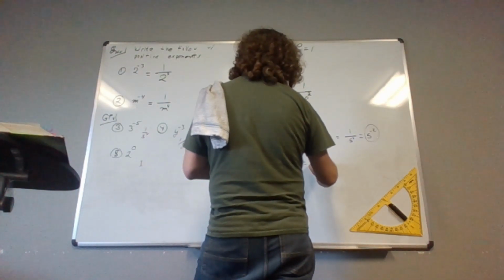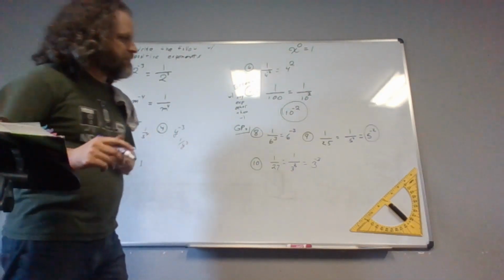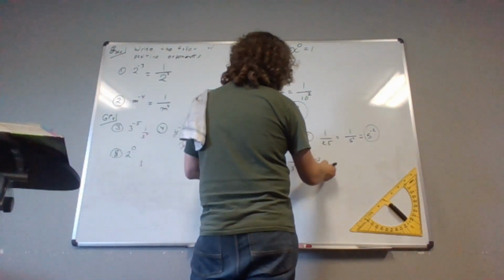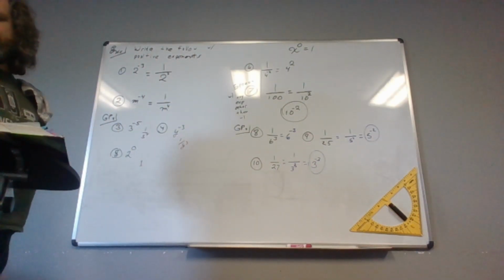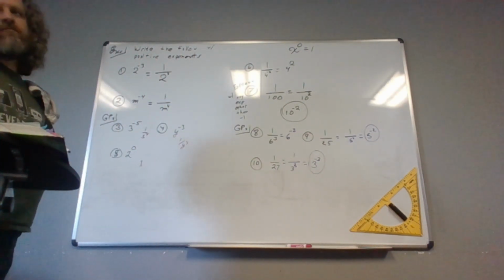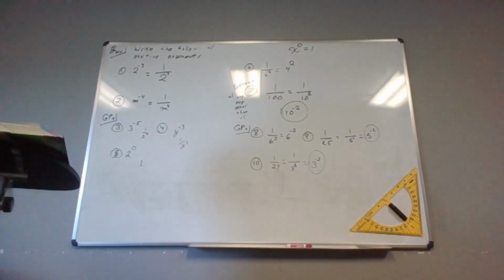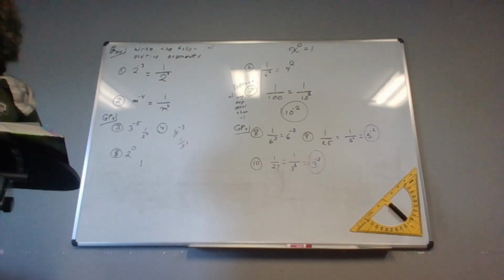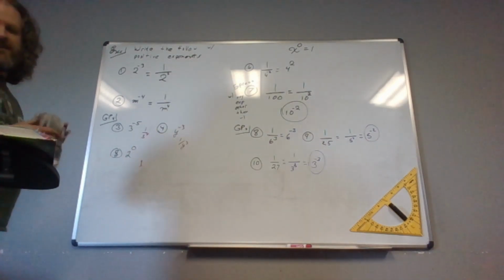So then it would be 3 to the negative 3. That's the answer. Right? You take the number times itself and try to find how many numbers it needs to go. Okay. All right, let's do another example.